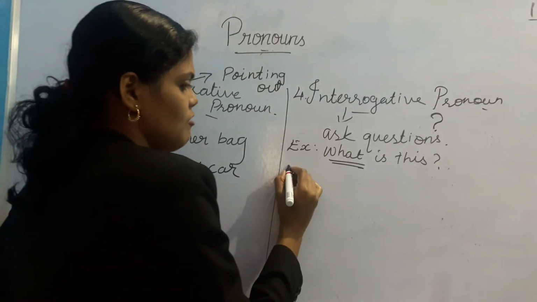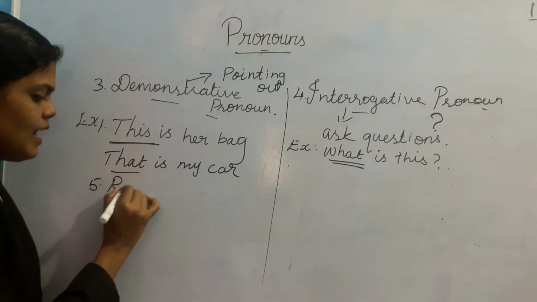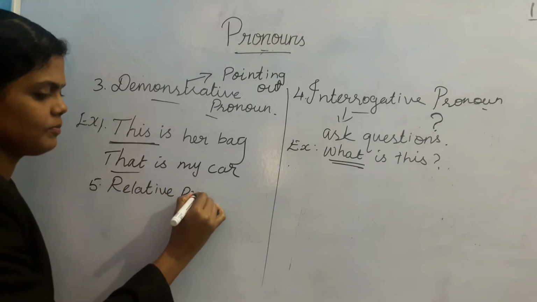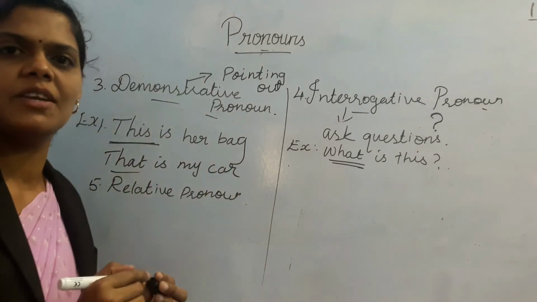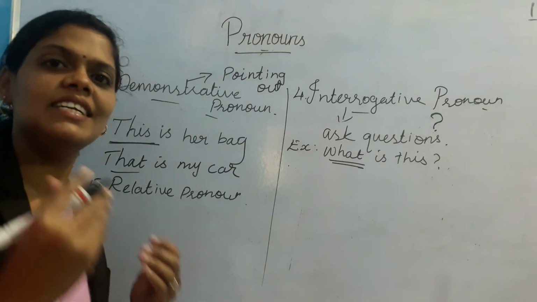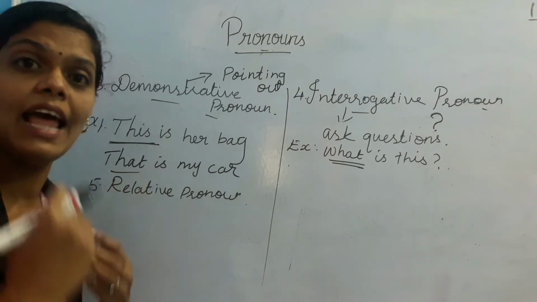Now the fifth one, we are going to learn relative pronoun. Relative. You may be having many relatives, no? What will they do? They will be with us in our happiness and in sorrow. They will be helpers. They will help us.